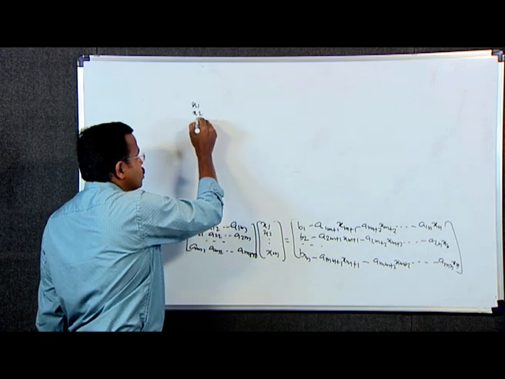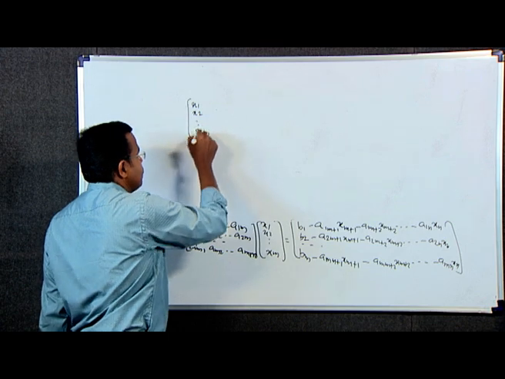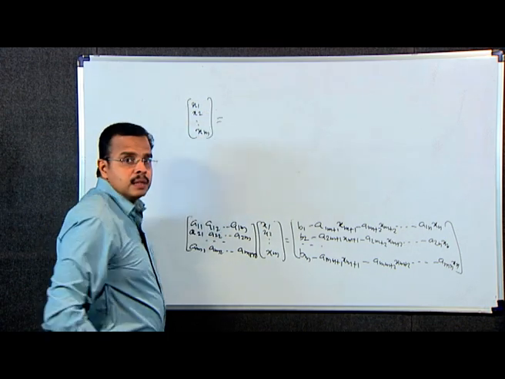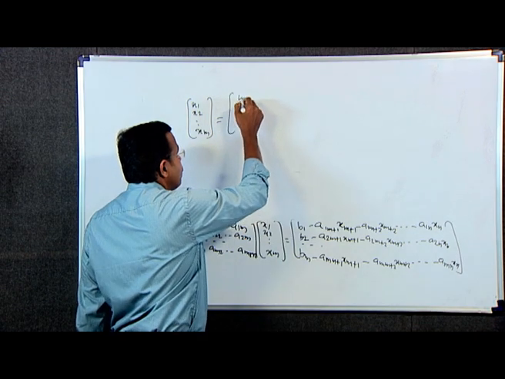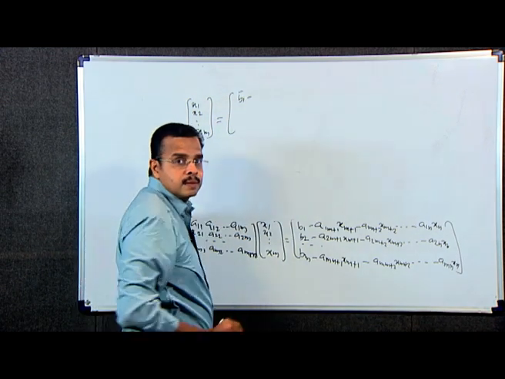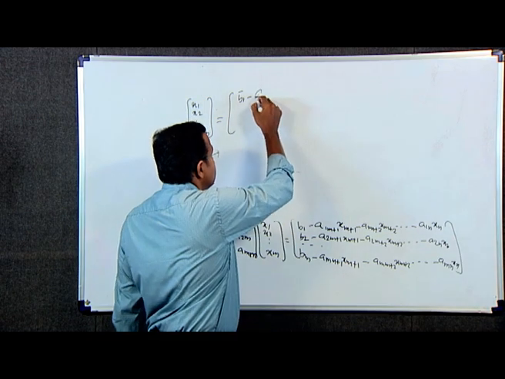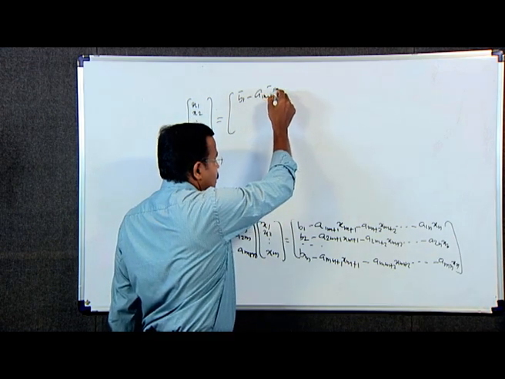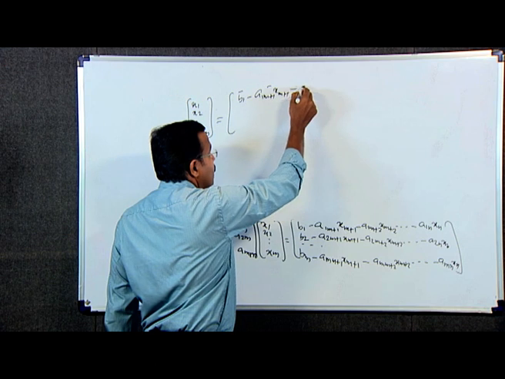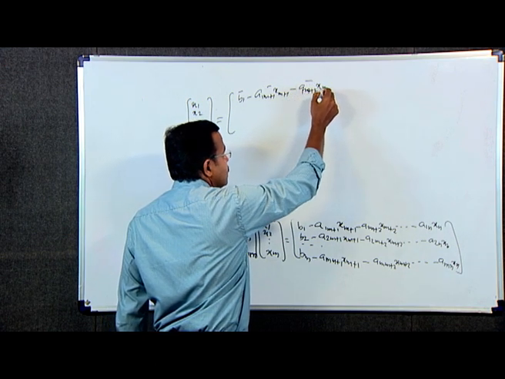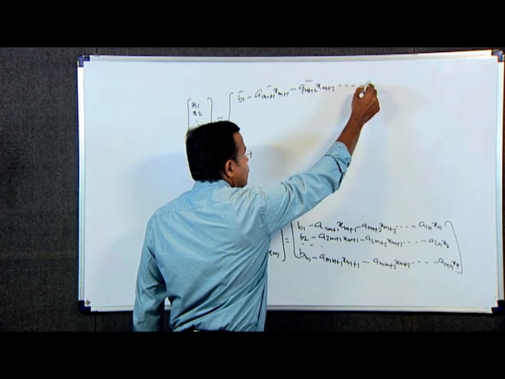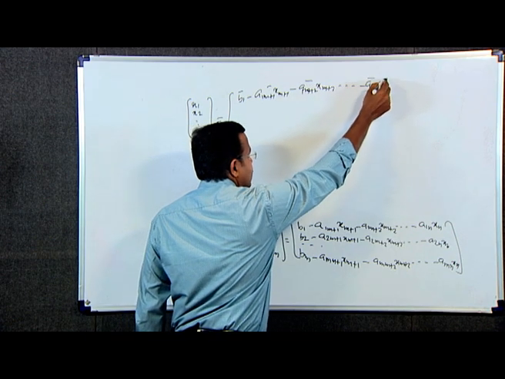x1, x2, etc., xm equal to b1 bar minus a1 m+1 bar x m+1 minus a1 m+2 bar x m+2, etc., minus a1n bar xn.